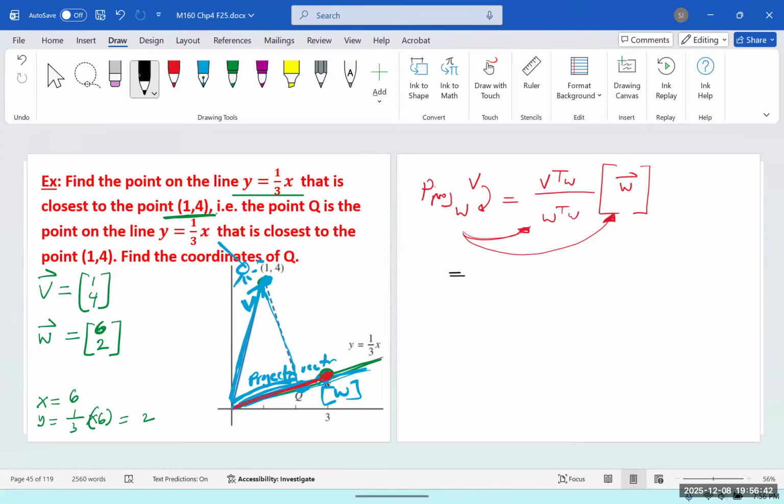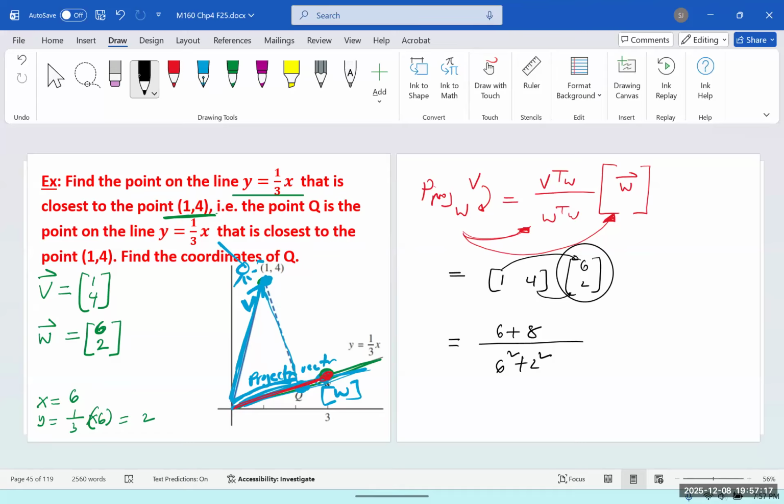So our V vector is (1, 4), and W vector is (6, 2). Their product, V transpose W, is 1 times 6 is 6, plus 4 times 2 is 8, divided by W transpose W. W transpose W means 6 squared plus 2 squared.